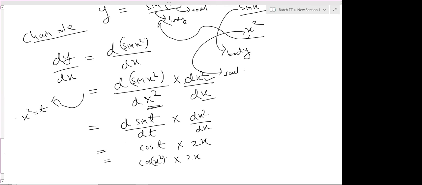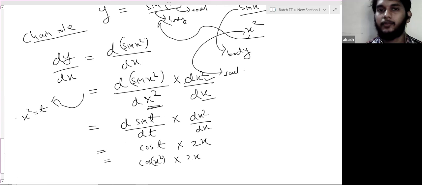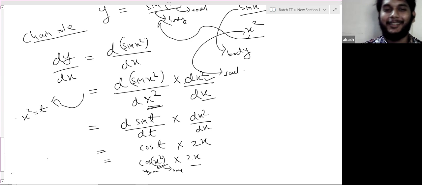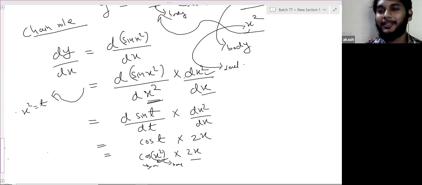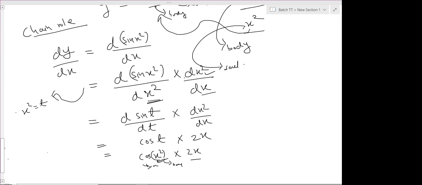Yes, sir. So differentiation of sine of x square gives cos of x square. Again, this is not multiplication if anybody is confused. This is cos of x square. This is body. This is soul. So that soul is out of the body for just another body, and times 2x. So note it down. I hope this is clear. Yes, sir. All right, note it down, please.